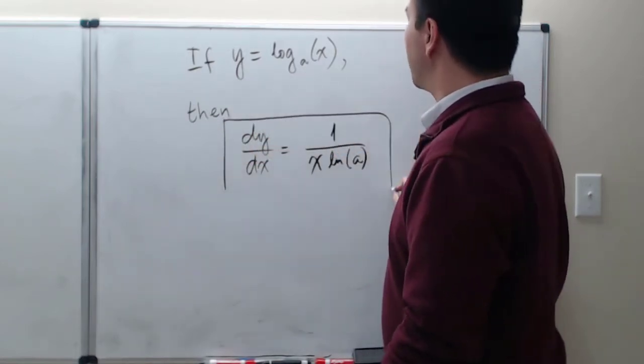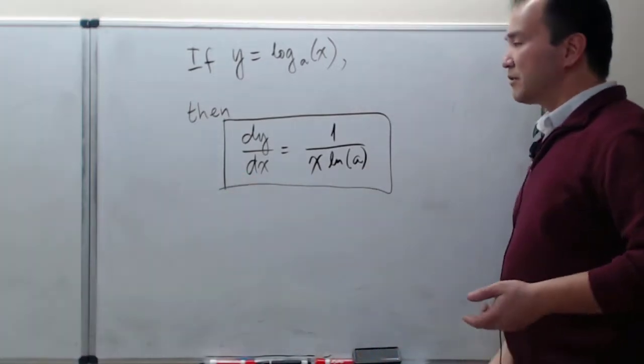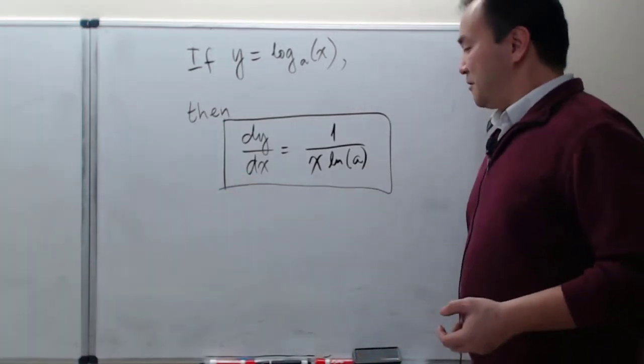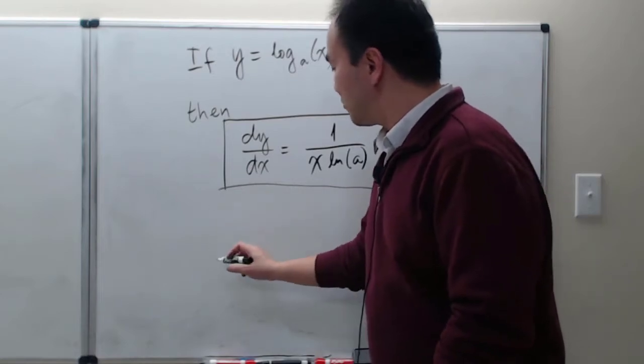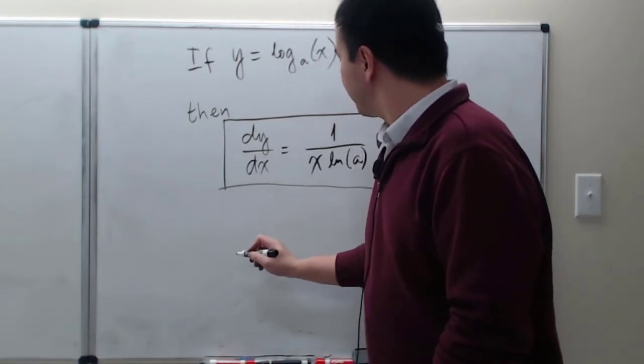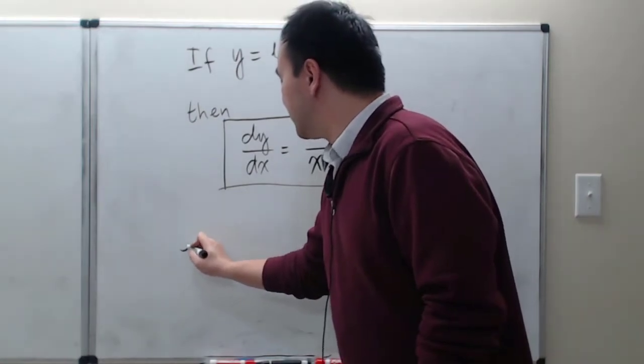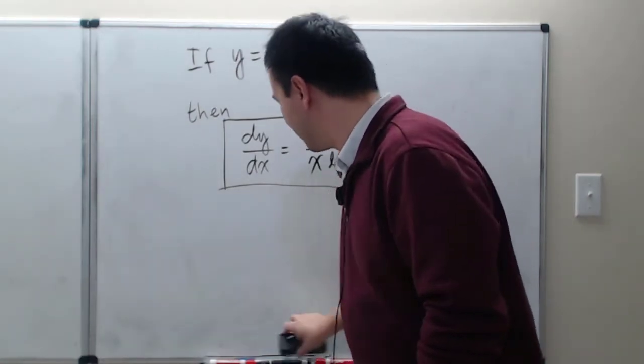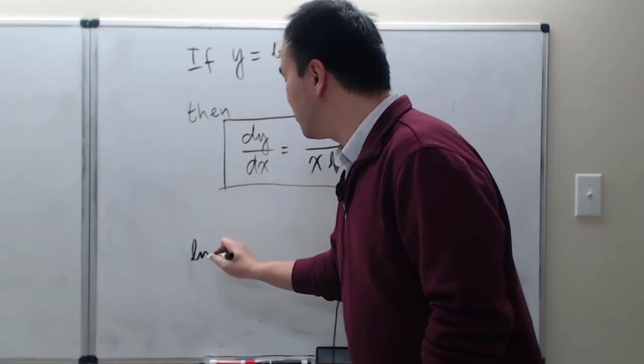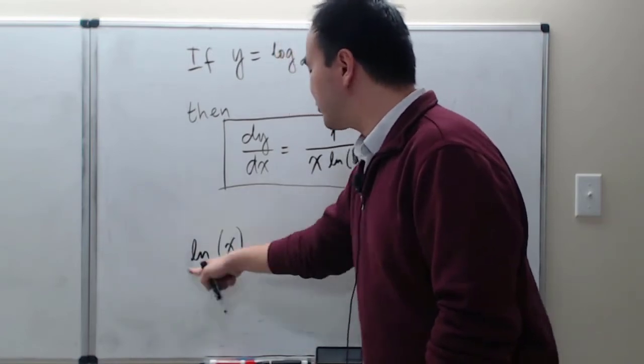So that's the derivative of your logarithm base a. And again, looking back at what we have done earlier, if we blend our rules into what we've learned here, can we treat natural log under this?